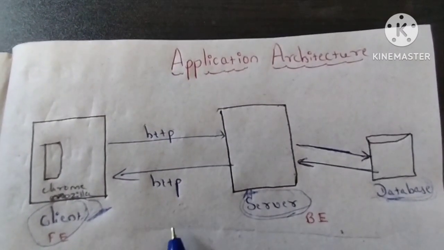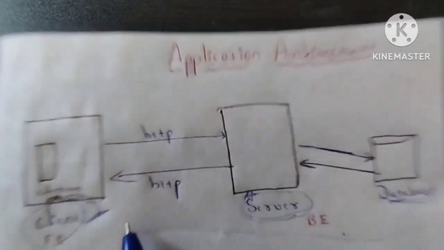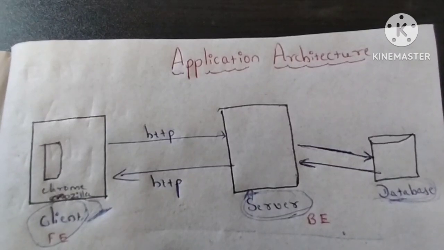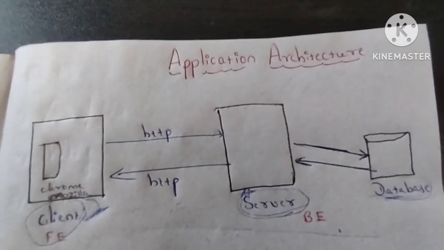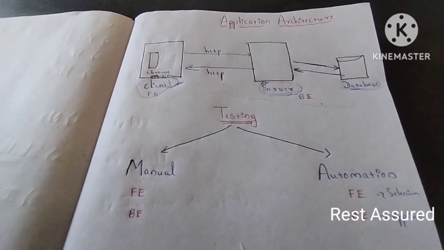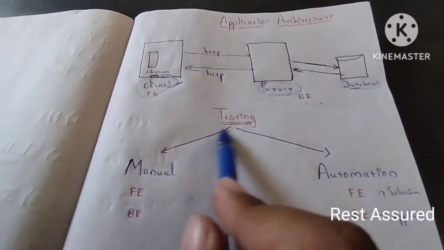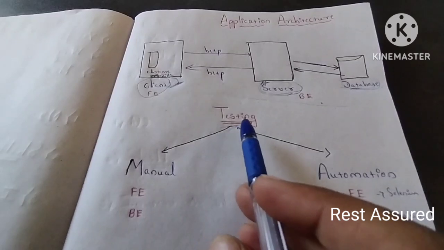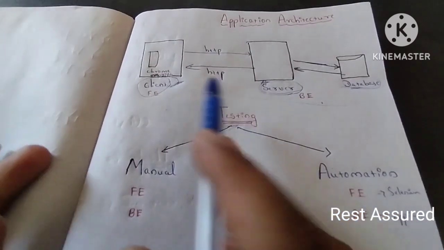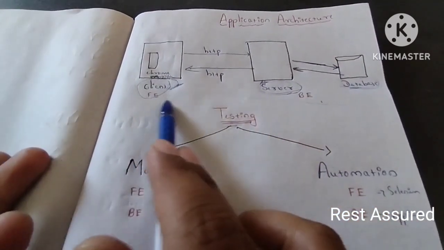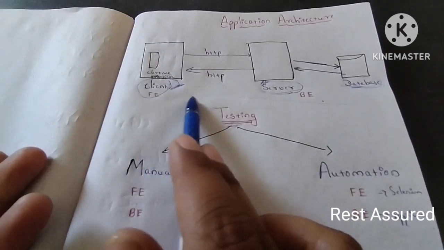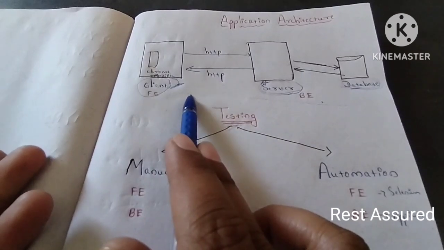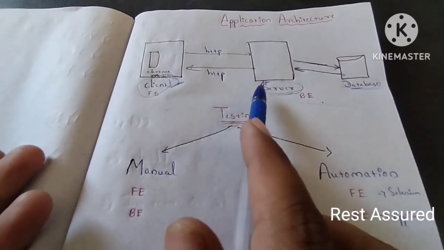Now we come to the testing part. So what is testing? Testing means we are verifying the application. We have already understood our application is made up of three layers. The client has given some specifications, like suppose Facebook.